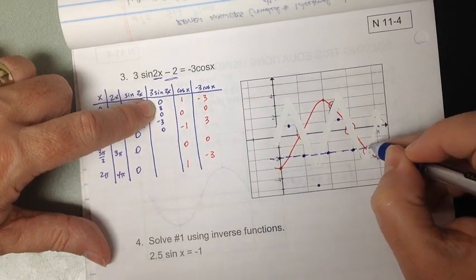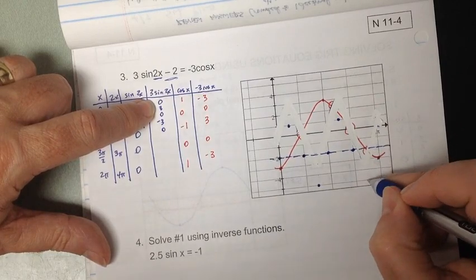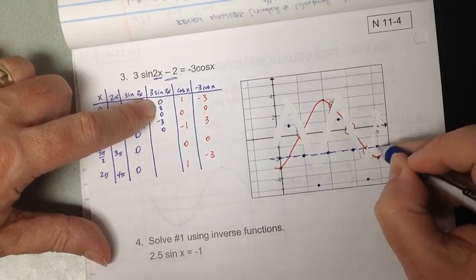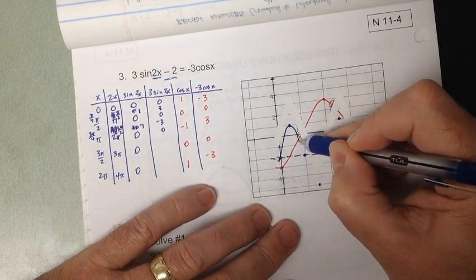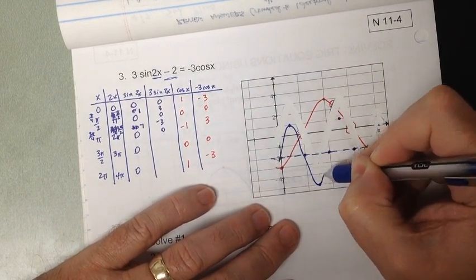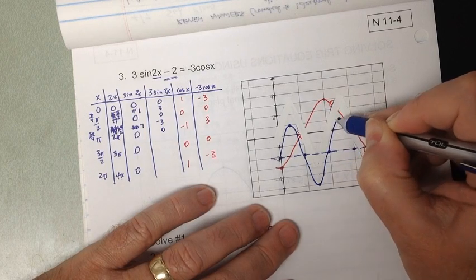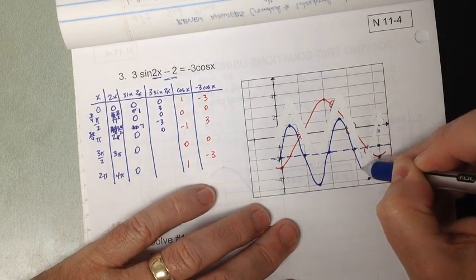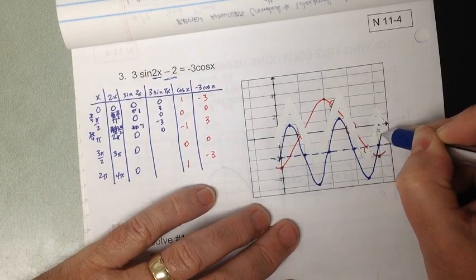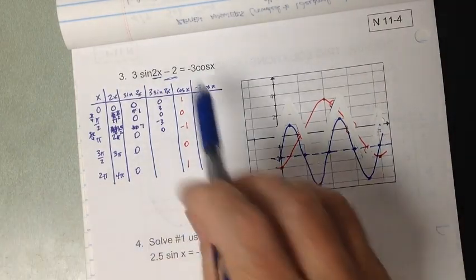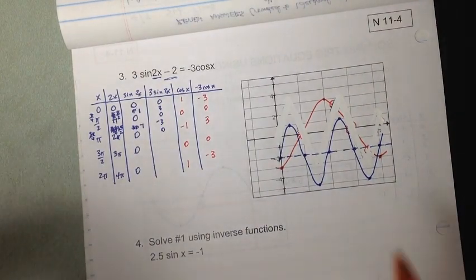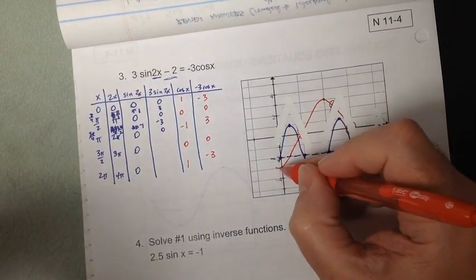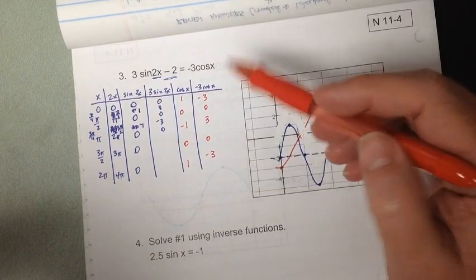Back to 0, and then 1, 2, 3 down, and back to 0. So that gives me, it's changing pretty quickly because that 2x means that my period is now pi instead of 2 pi.